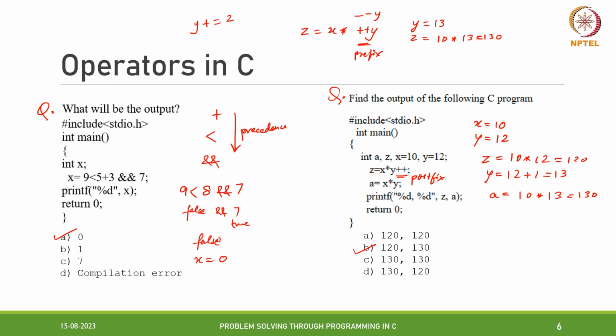So if you want to subtract 1, but it's the order of operation that matters. If it is postfix, the other operation happened first, and then the y value was incremented. If it is prefix, then first the increment happened, and then the z value was computed. So it is the order of operation that is different in the two.